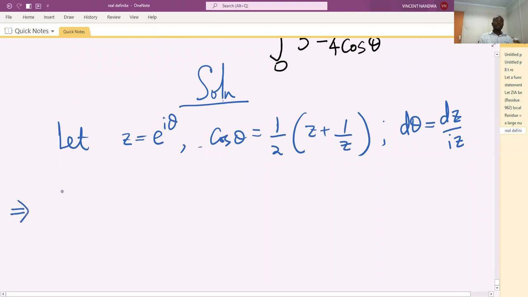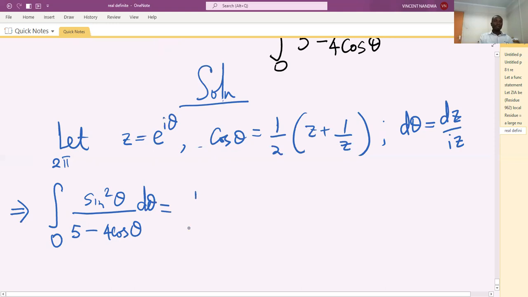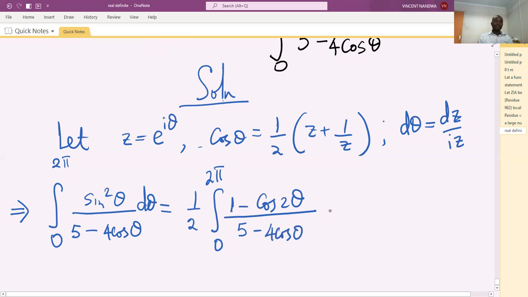So this implies the integral from 0 to 2 pi of sine squared theta over 5 minus 4 cos theta d theta is the same as the integral from 0 to 2 pi of 1/2 times 1 minus cos 2 theta divided by 5 minus 4 cos theta d theta.